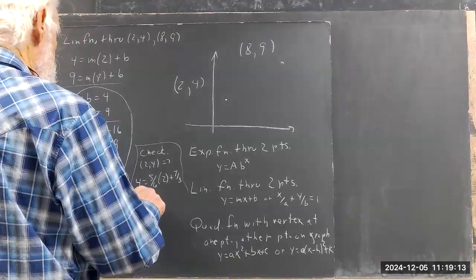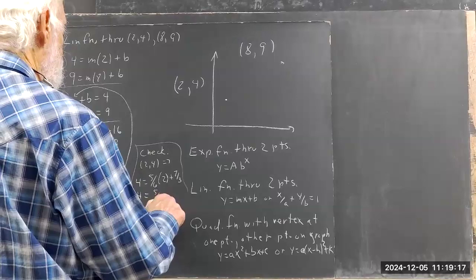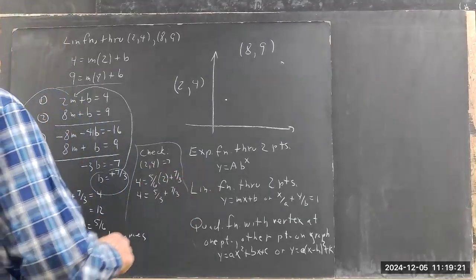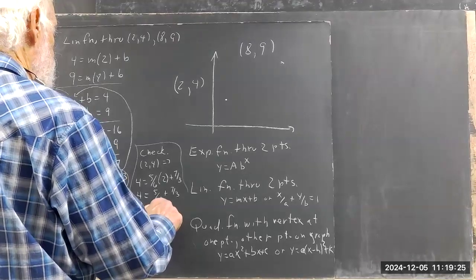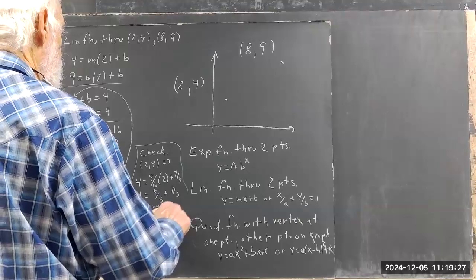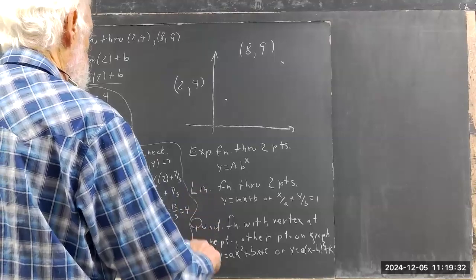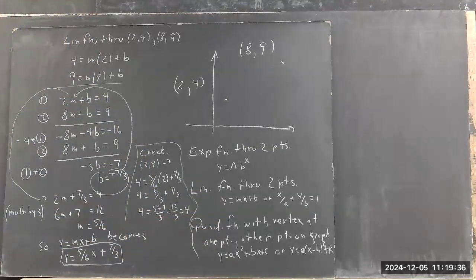Well, 5/6 of 2 is 5/3. And 7/3 is still 7/3. And the arithmetic is straightforward. We get the right result.